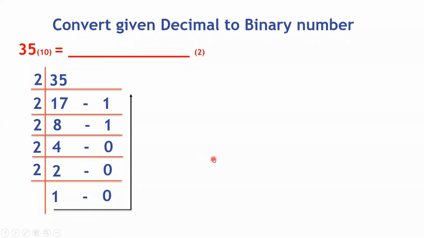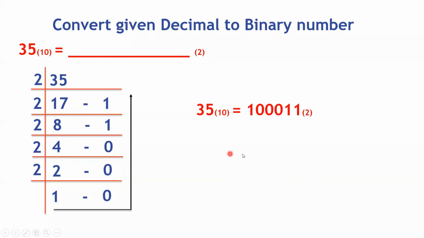So 35 in decimal is equal to 100011 base 2. This is how we have converted a decimal number to a binary number. This is when the number is an integer.